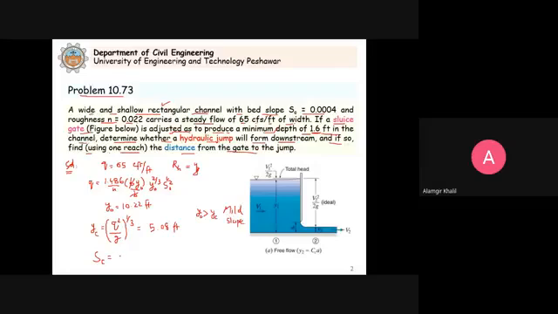The formula for the critical slope is equal to n divided by 1.486, the whole square, into g divided by yc to the power 1 by 3.